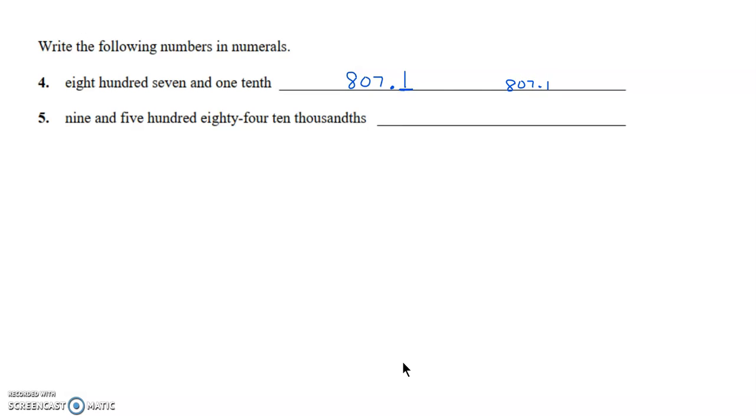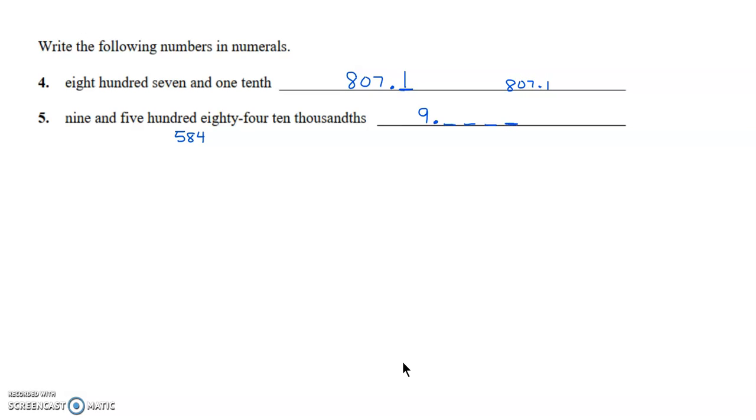Number 5, we have 9 and, so the and is coming right away. So we're going to have 9 and 584 10,000ths. Okay, I know 584, but I need to find the 10,000ths place. So this is where using lines can help you a lot. So I'm going to go through my place value. Tenths, hundredths, thousandths, 10,000ths.